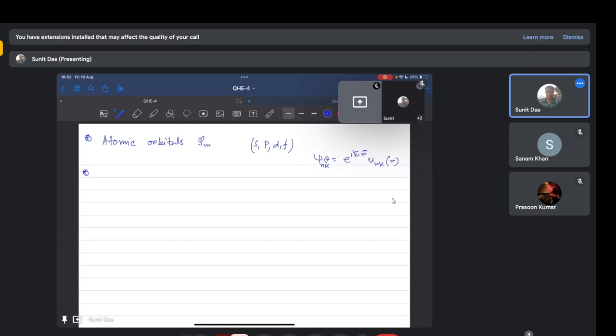In all the periodic cases, we will have a wave function for electrons of this form, where unk of r is periodic in the lattice dimension, r plus a, or capital A, whatever. So this type of form will be there.